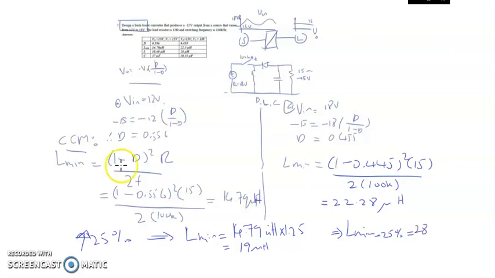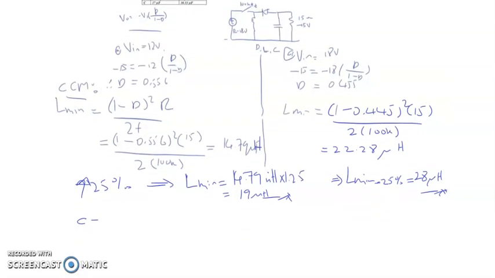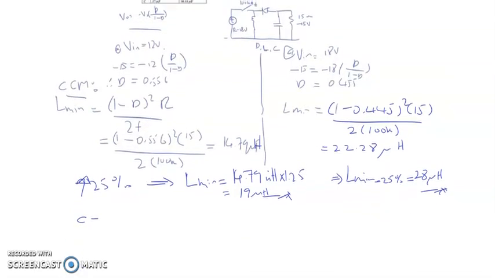For the 12 volt condition, the L-min is 90 microhenry. Meanwhile, for 18 volt, the minimum inductor value is 28 microhenry.